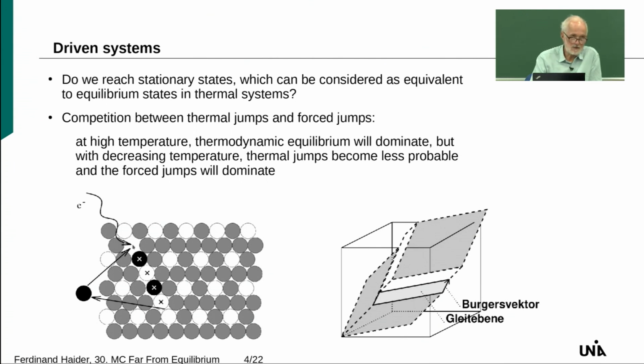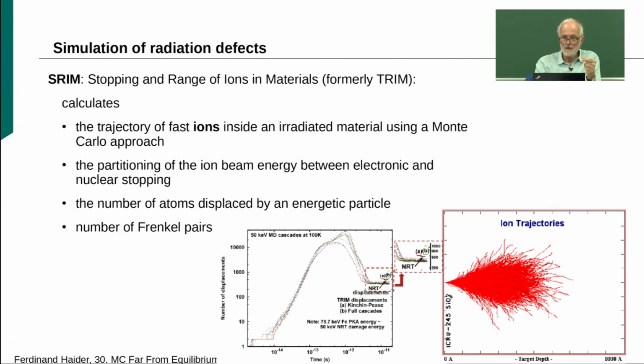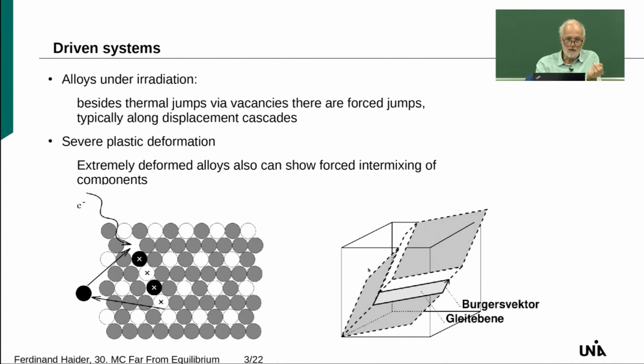The reason is if you do ion irradiation, as seen in this slide, you intermix a huge region. In such a collision cascade, you do an extremely strong perturbation of your system. So what I did here is to model a kind of electron beam irradiation.